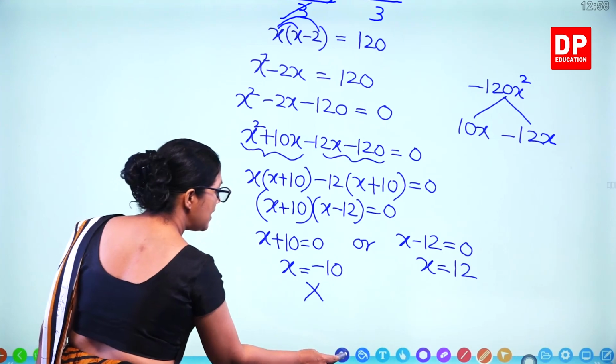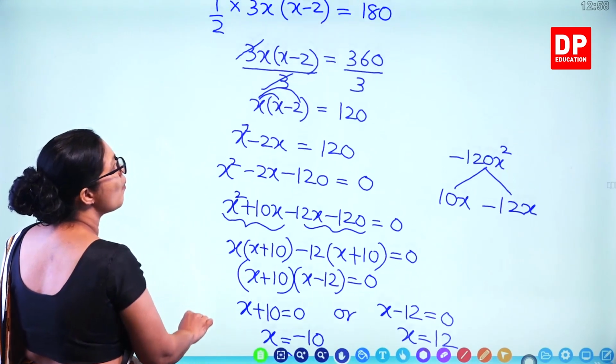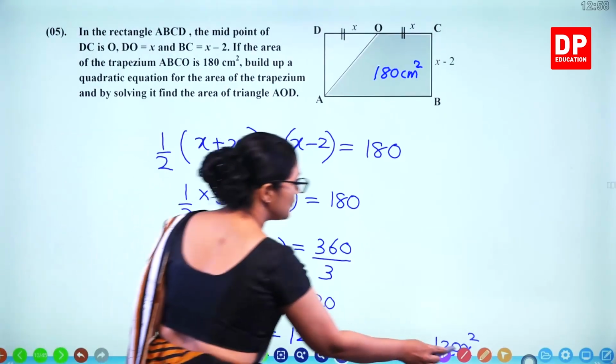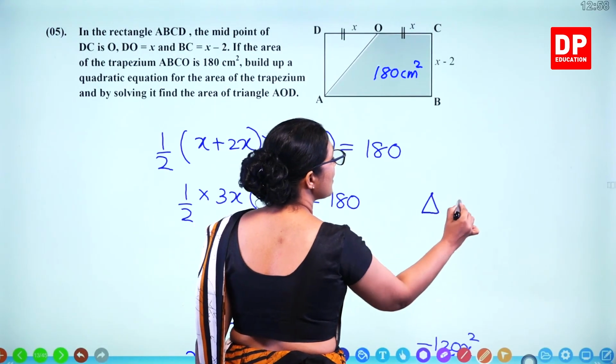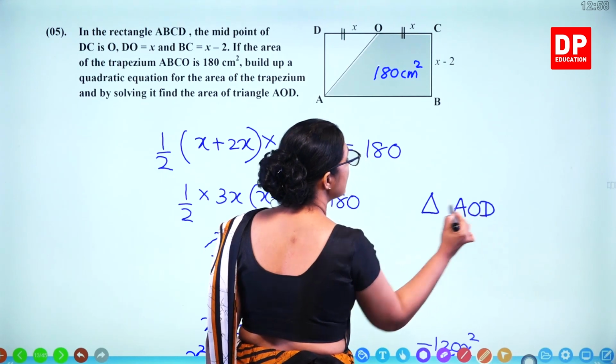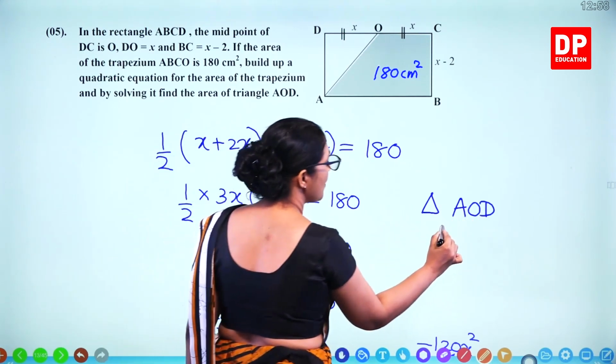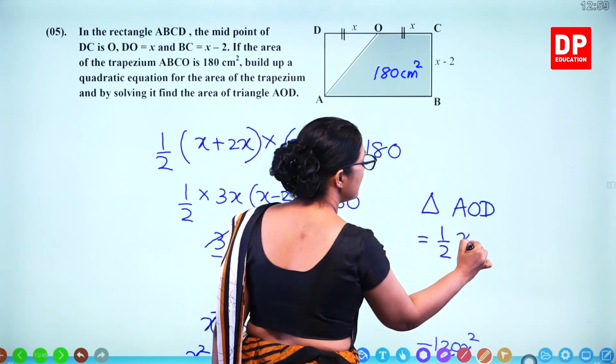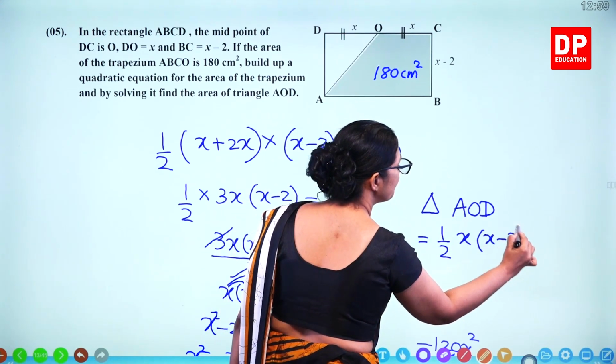But now we need the area of the AOD triangle. What's the area? Half into x into x minus 2.